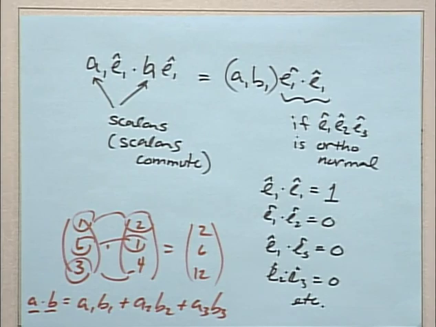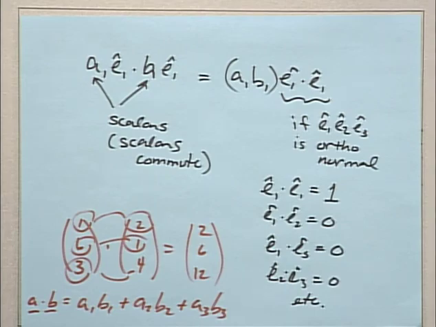So multiplying vectors together, dot product, we can write it now in this way. It's familiar to you, but it's going to be less familiar when we use tensors, which will be the next step.